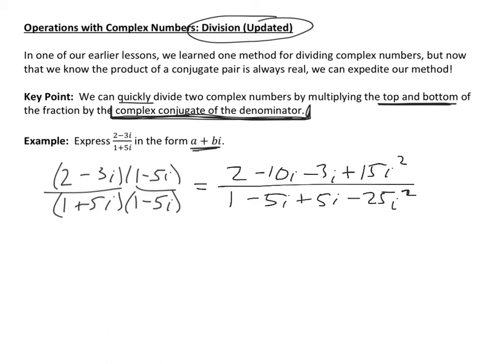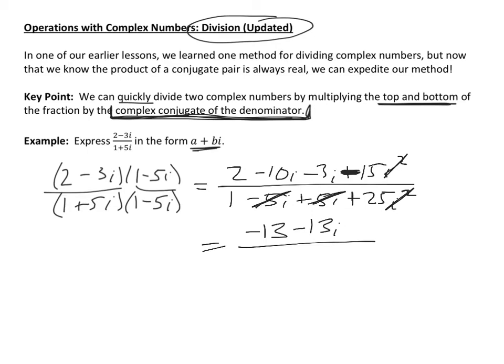So now we can go through and simplify these. In the numerator, this i squared turns into negative 1, which is going to make this a minus symbol. So in the numerator, 2 minus 15 is negative 13, and then minus 13i, that's kind of neat. In the denominator, the i squared is again going to turn into negative 1, which will make this positive.